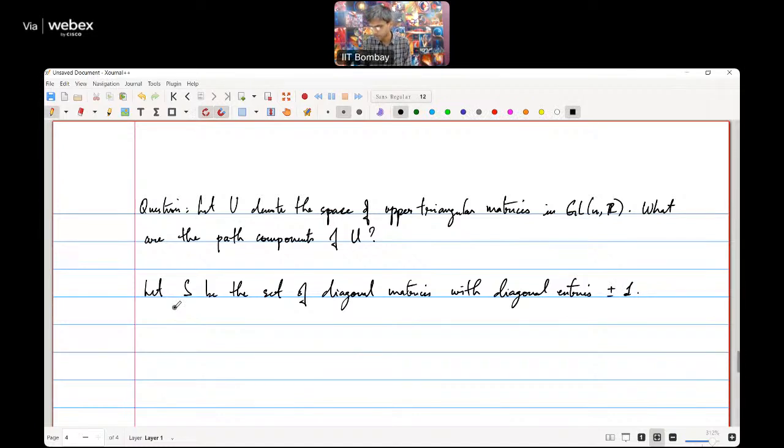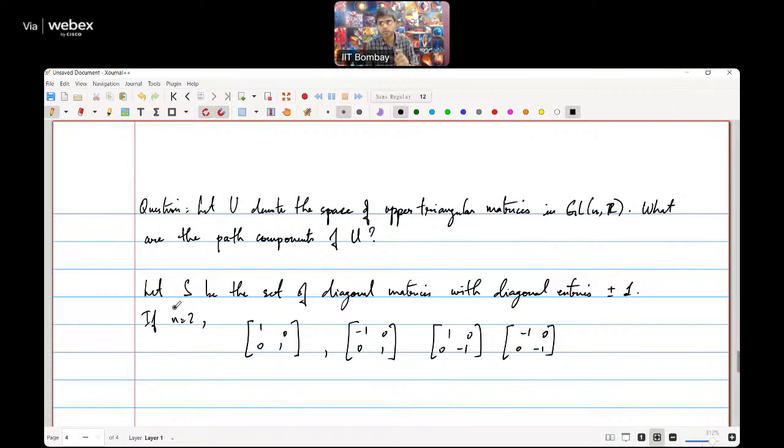For instance, if n is equal to 2, then S consists of these elements: 1, 1; minus 1, 1; 1, minus 1; and minus 1, minus 1. All the other entries are 0. So we look at diagonal matrices such that the diagonal entries can only be plus or minus 1. The cardinality of S is therefore 2 to the n, since there are n diagonal entries and each of them can be plus or minus 1.